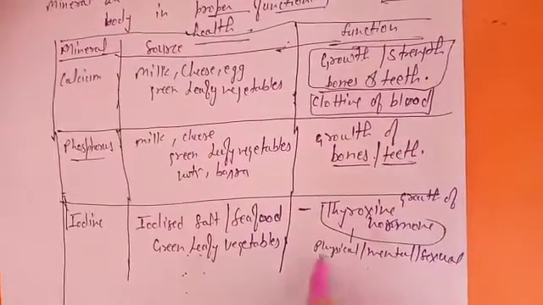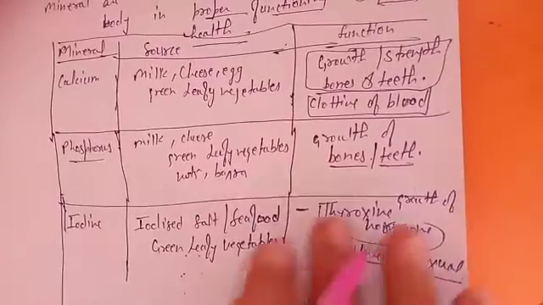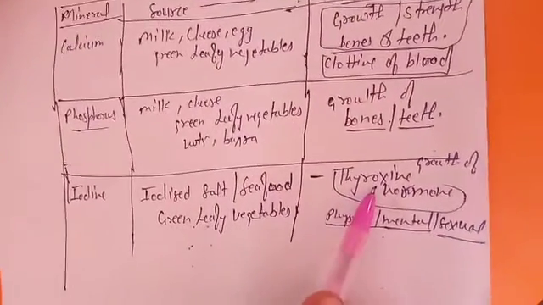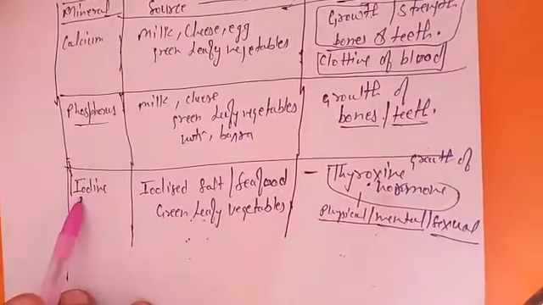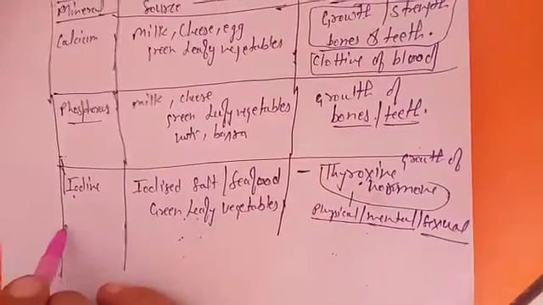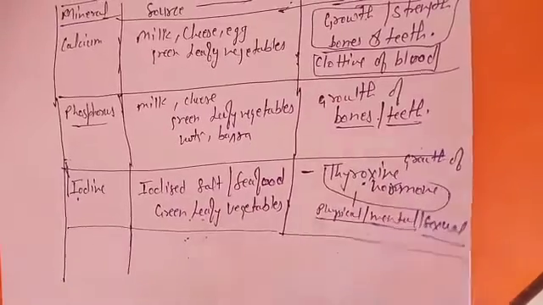It maintains the physical, mental and sexual growth inside the body. So that's why thyroxine hormone is needed. And if you need thyroxine hormone, you must have iodine. Otherwise the thyroxine hormone will not be created by the thyroid gland.